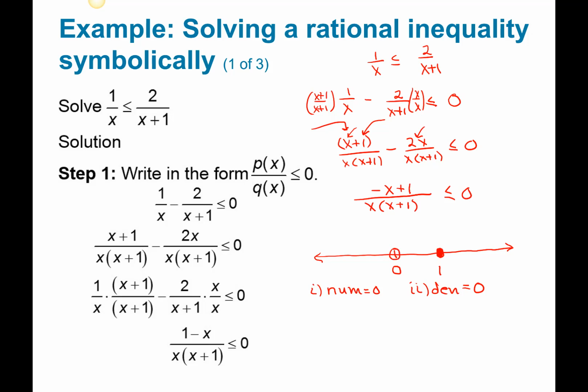So I'll use an open dot there, kind of like a pothole that you would drive around, avoid, not hit. You get the idea. We have this x plus 1. What value of x will cause that to be 0? Negative 1. So I'm going to put a negative 1, and once again I'm going to use an open dot because we're not really allowed to be there, are we?